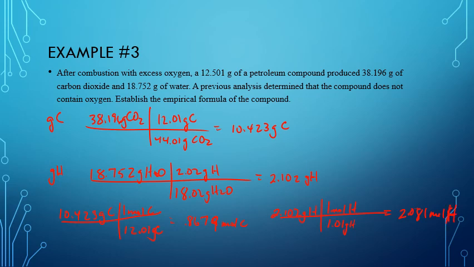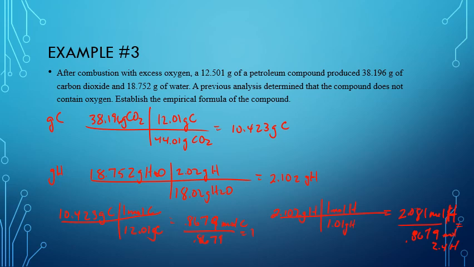So 0.8679 is my smallest number of moles. Just going to divide each of these by that amount. And when we do that, I get 1 for the carbon and 2.4 for my number of hydrogens.